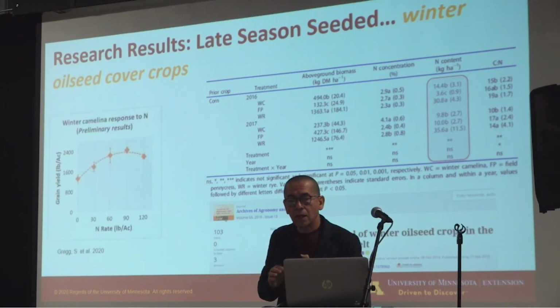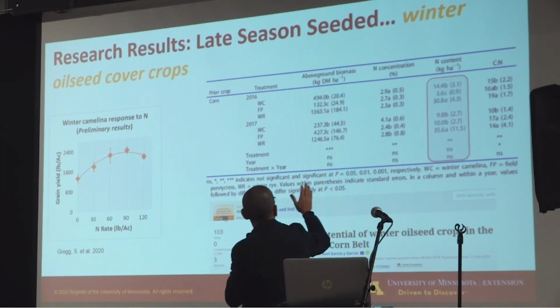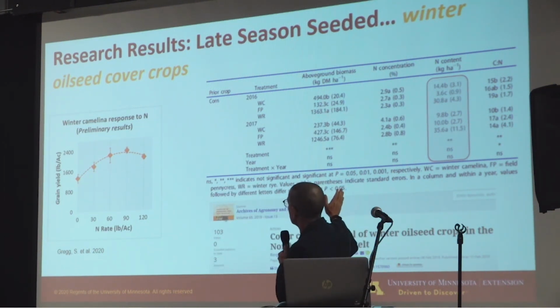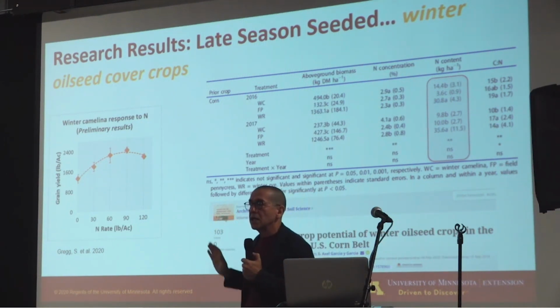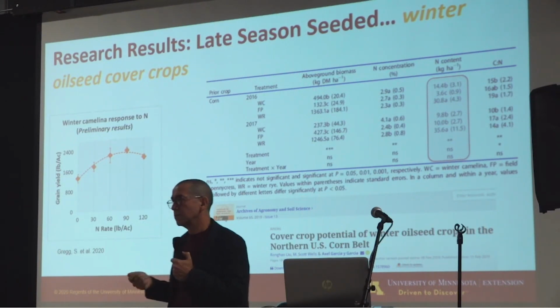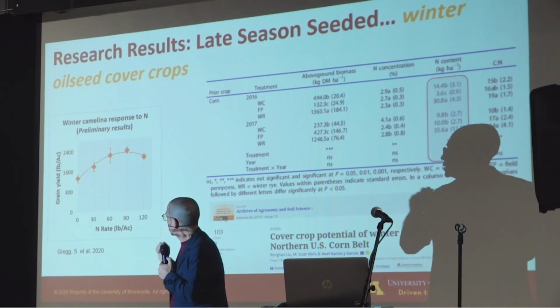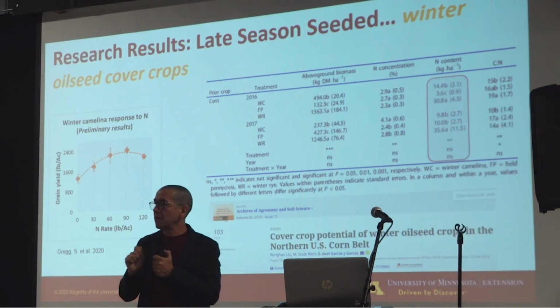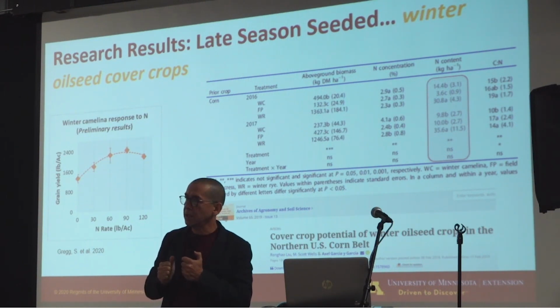In the case of winter camelina, it turns out winter camelina, even though it had a lot of nitrogen in its tissue, it also needs a lot of nitrogen. See, if you are going to use winter camelina as a cash crop, which we are starting to look at, some people are starting to plant, some of our research is showing that probably you should be planning on applying 60 to 70 pounds of nitrogen to that winter camelina.